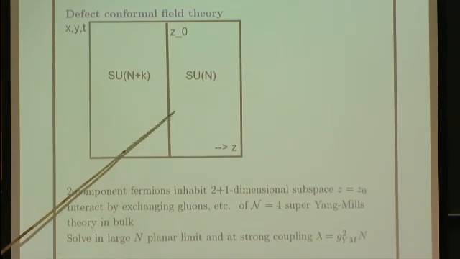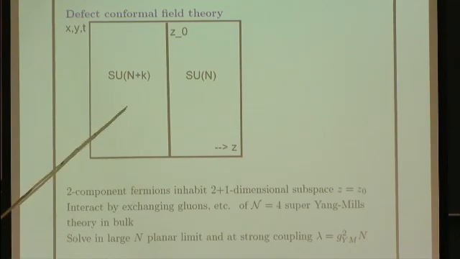The fermions that live here, they interact by exchanging gluons in the bulk. Those gluons have this 1 over r squared or 1 over r potential, just like the Coulomb field in graphene. And what we're doing here is basically solving the large N planar limit at strong coupling, which means summing planar diagrams for the gauge theory, effectively.